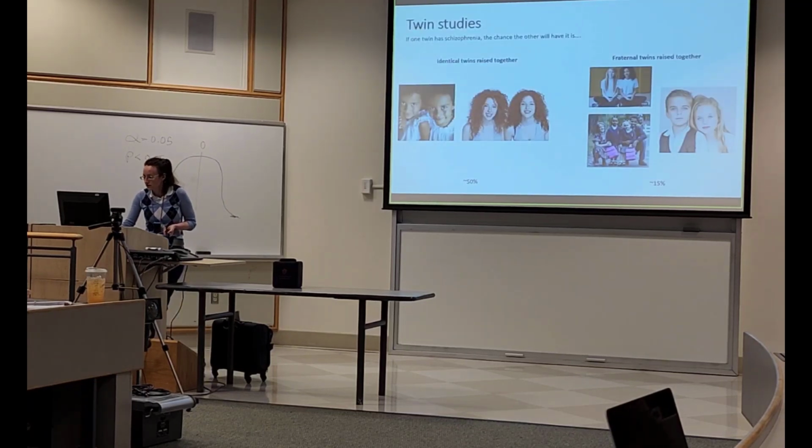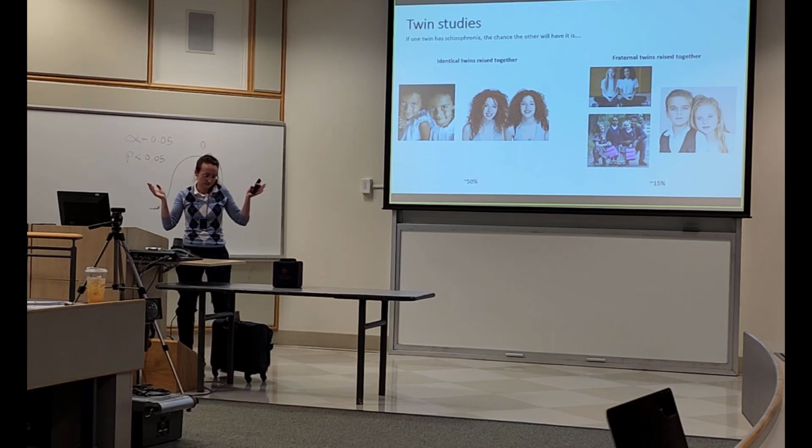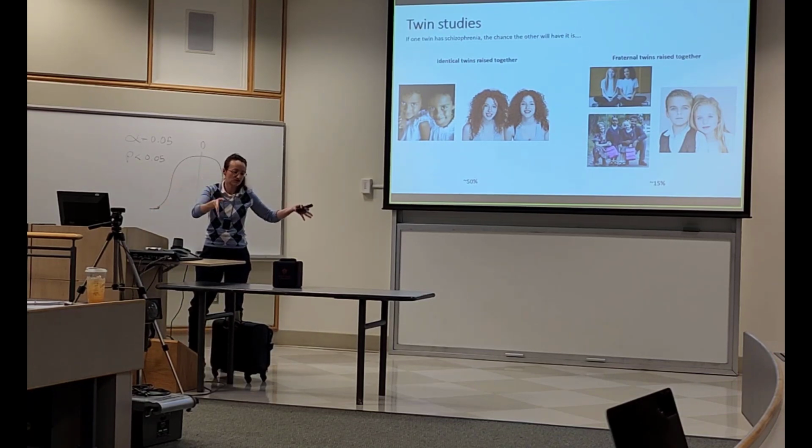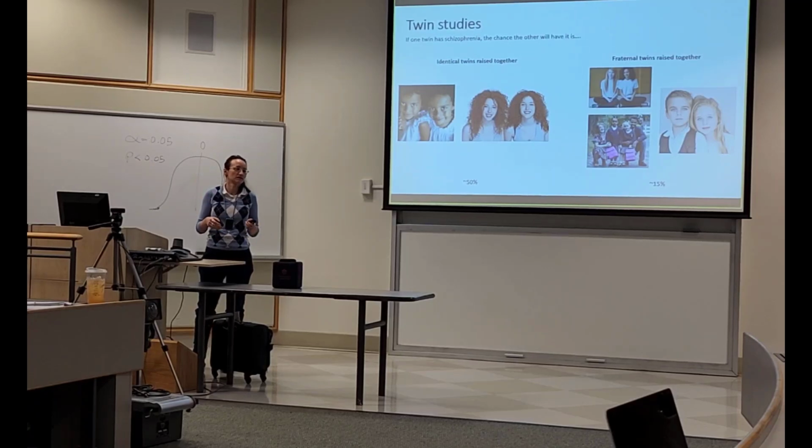So researchers commonly determine the heritability of a trait with twin studies. So identical twins who are raised together theoretically have identical genetic makeup, and they have what's good enough to be called the same environment.